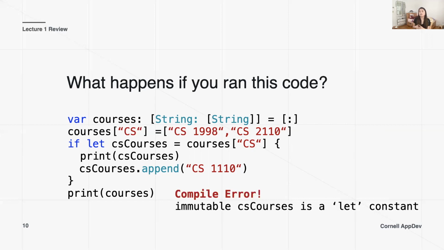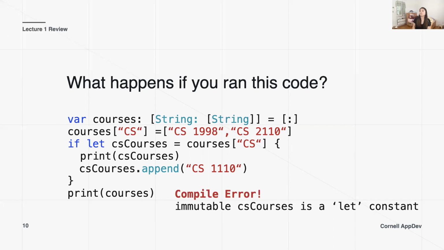I know some students are trying to alter their dictionary this way, and this is the wrong approach. The right one is to say courses[cs]?.append(CS 1110). That way, if courses[cs] is nil, you just don't add anything. But if it's not nil, then it will add CS 1110 to the actual array itself.